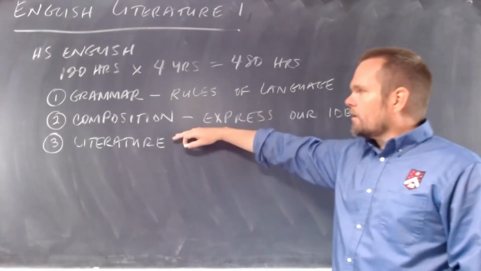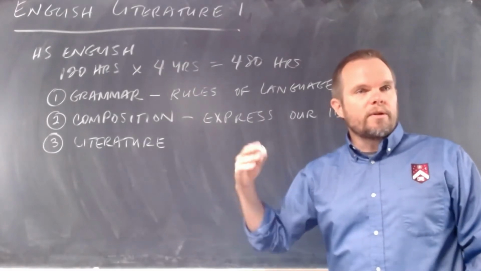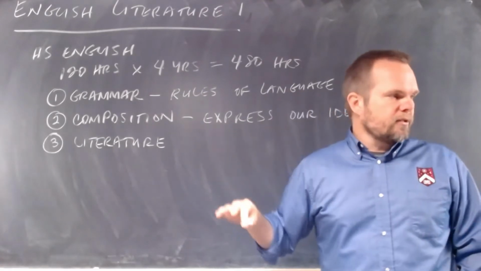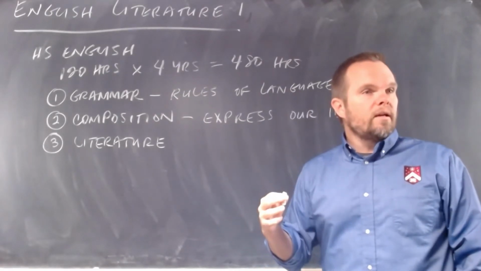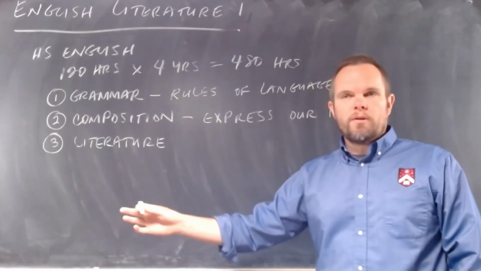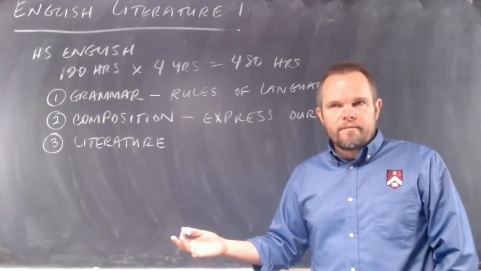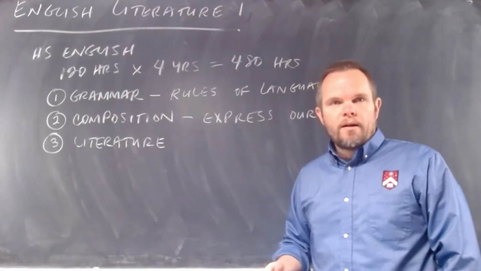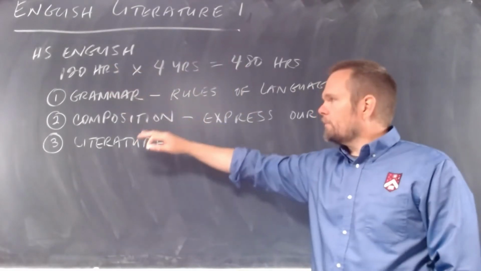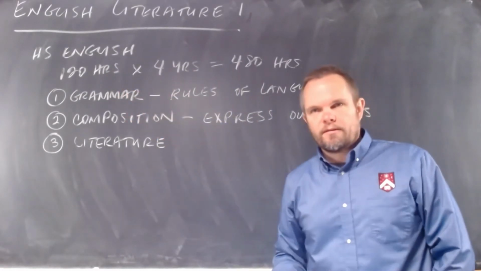We then check our composition and make sure that when we express our ideas, we use proper grammar so that everyone else can understand it, right? So the goal, when you write your ideas, is not just to write your ideas. The goal is to communicate them. If you don't want to communicate them, why write them, right? You already have them. The purpose of writing is for other people. And so the goal of composition is to write in a way that other people can understand, okay?